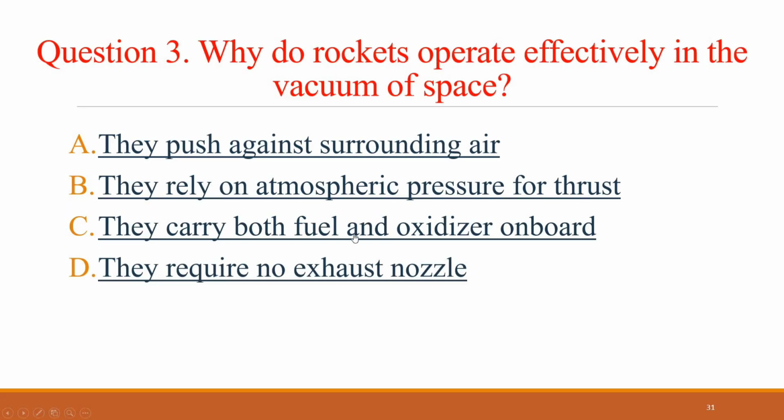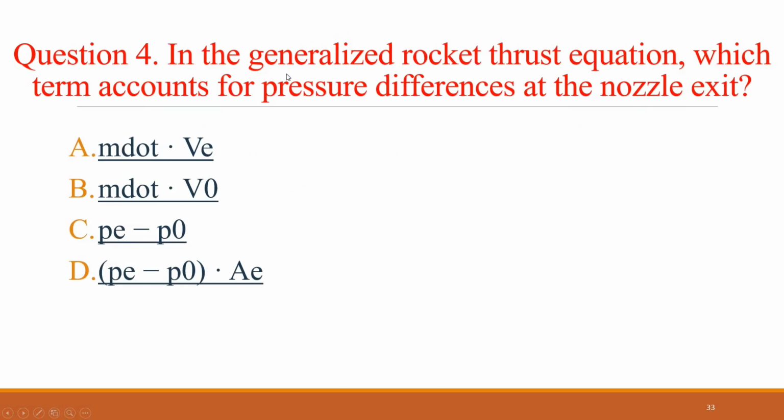The correct answer is they carry both fuel and oxidizer on board. Question 4. In the generalized rocket thrust equation, which term accounts for pressure differences at the nozzle exit? The correct answer is the difference between the exit pressure and the surrounding pressure multiplied by the exit area.